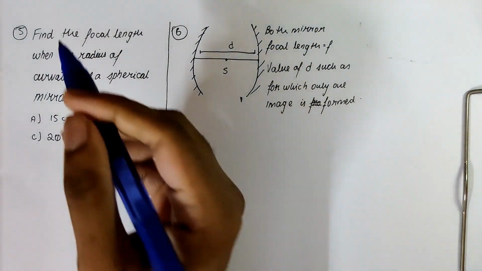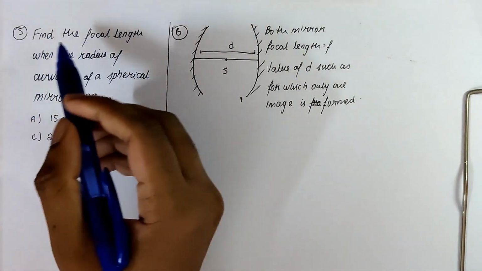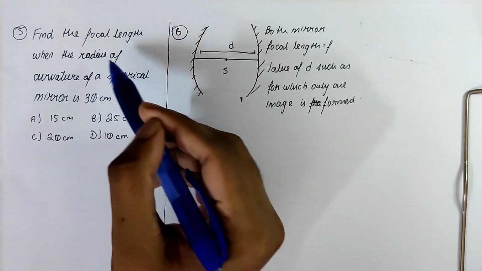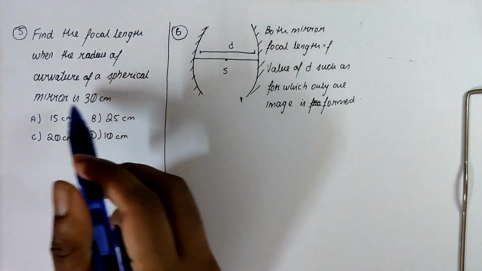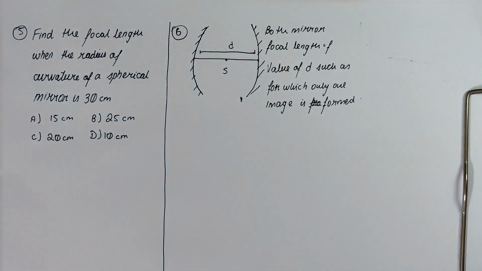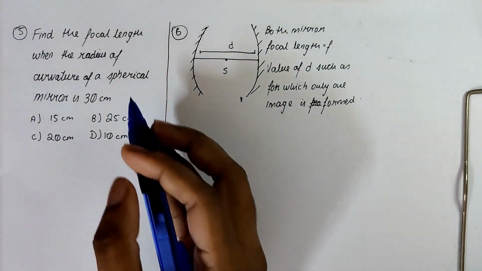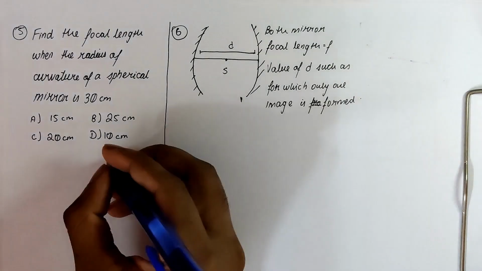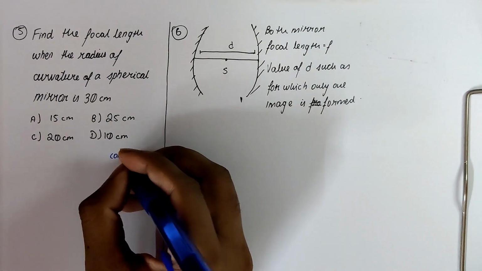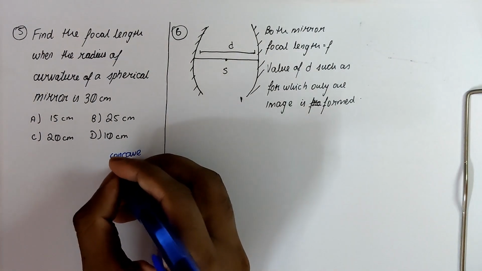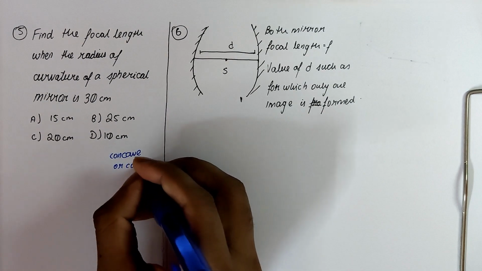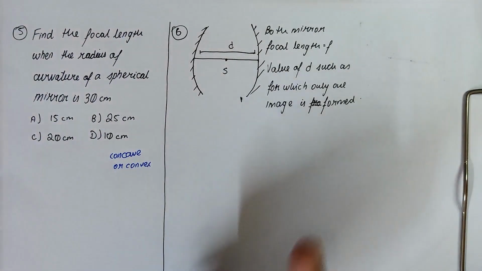We have the fifth question: find the focal length when the radius of curvature of the sphere is 30 centimeters. So let's draw the spherical mirror. The spherical mirror here could be either concave or convex. Both cases will give the same answer.